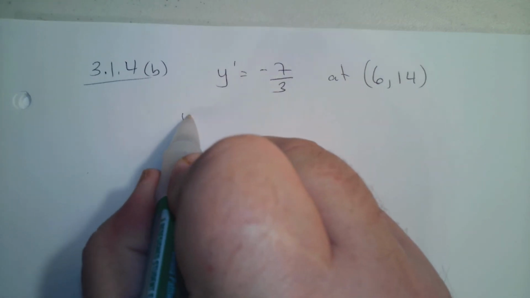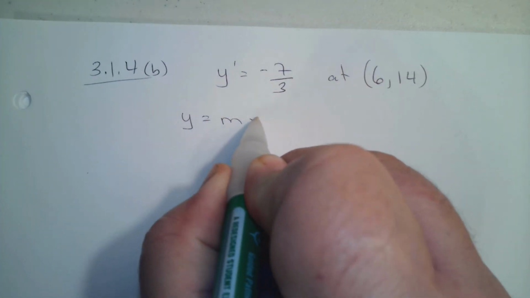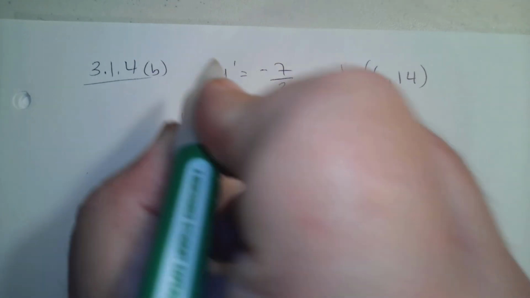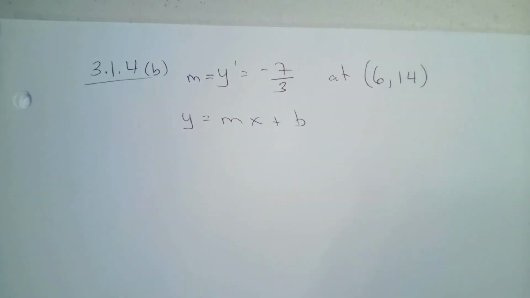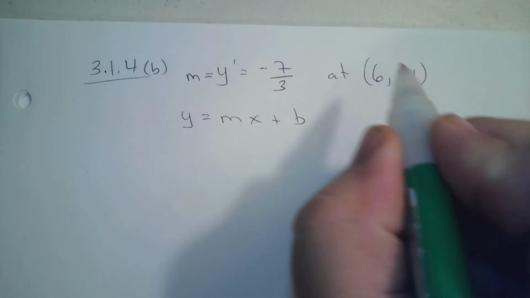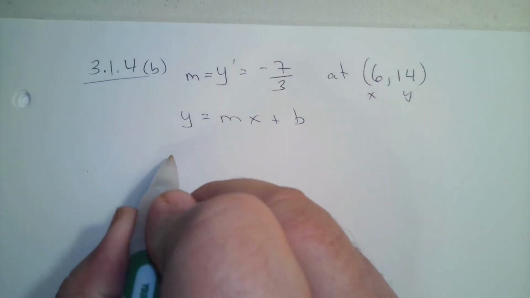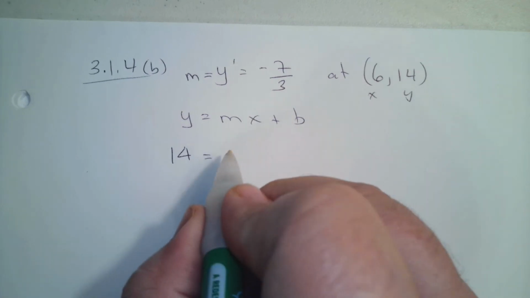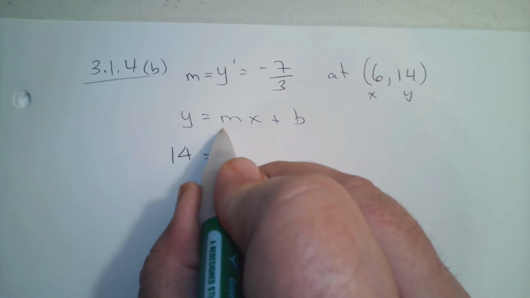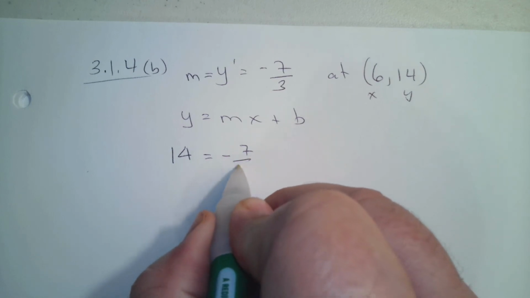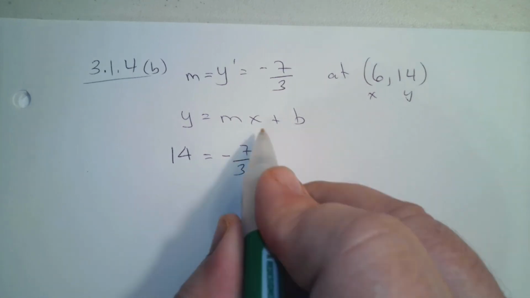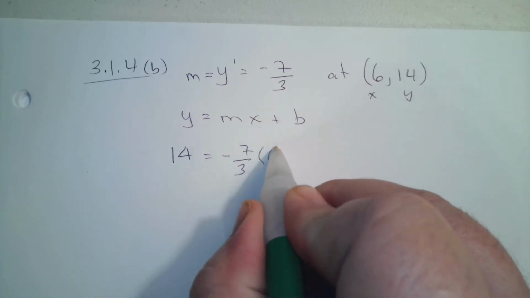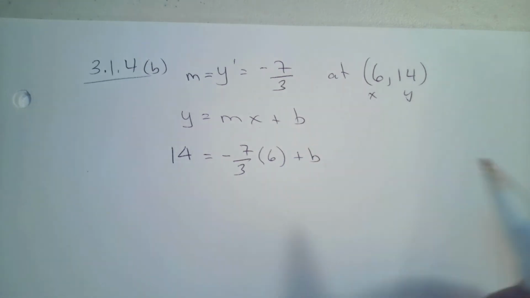So I plug it into y equals mx plus b. Remember, this is the slope. So x and y, so it's 14 equals m, which is negative 7 over 3, times x, which is 6. We're solving for b.